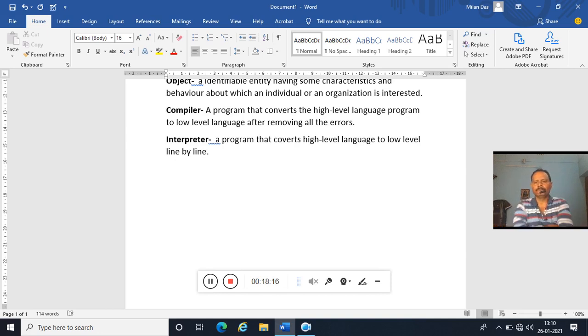It is a program which converts a high-level language to low-level language line by line. One line is converted, executed, and then the second line is attempted. But in a compiler, the whole program needs to be converted at once, only after removing all the errors.